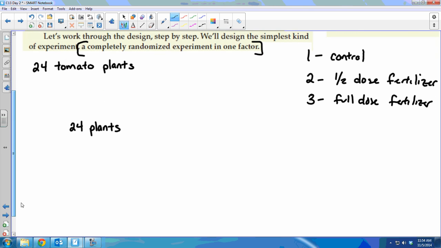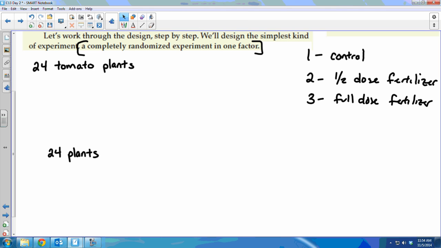So since we have 24 tomato plants at our disposal, if we're going to draw a diagram, what are we going to do with those 24 plants? We're going to randomly assign them to 3 treatment groups, right? Do they have to be even? No. We have 24, and it's divisible by 3, so why not? Okay? So how many plants are going to be in each group? 8.